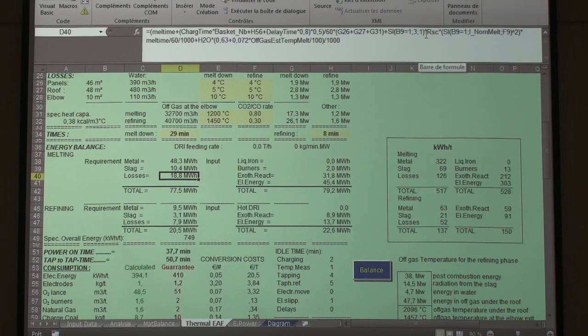Now you have the ohm losses. It means you have current in the secondary bus bar, and if you have current, you have a resistance, so you lose energy there. So this is the test to know whether you are in AC or DC. If you are in AC, you have 3 times the losses because you have 3 electrodes. If you have DC, you have just 1.